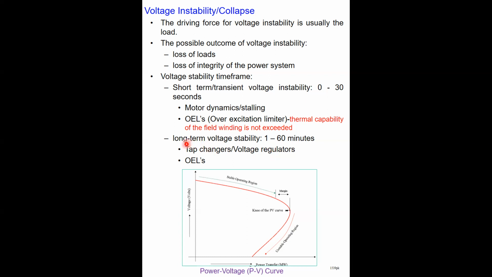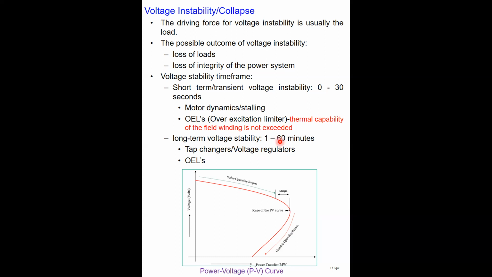Though you have the operation of tap changers or the voltage regulators, they may not be sufficient or effective enough to provide the voltage regulation, that is, the voltage improvement through the tap changing in their windings.